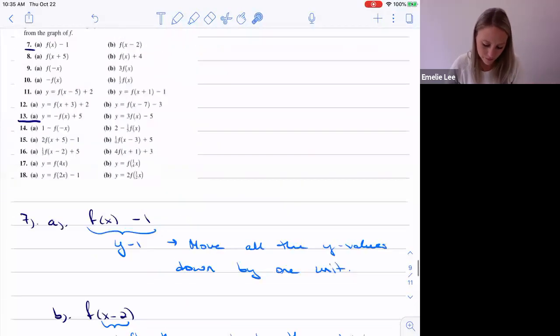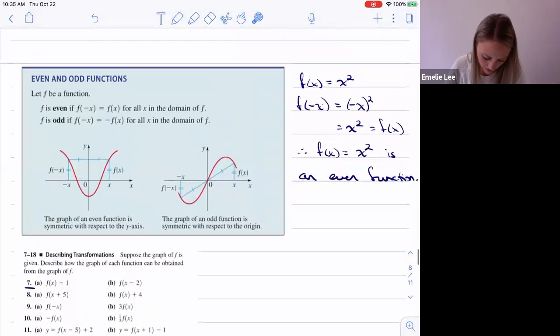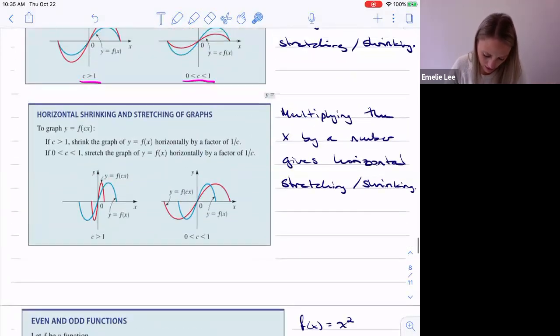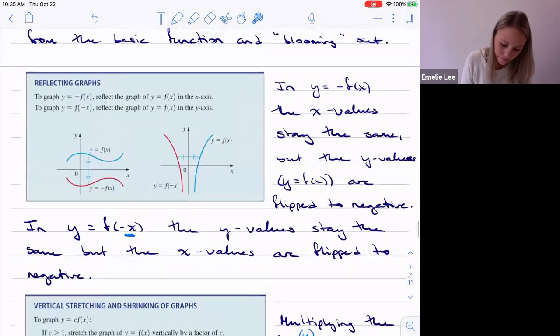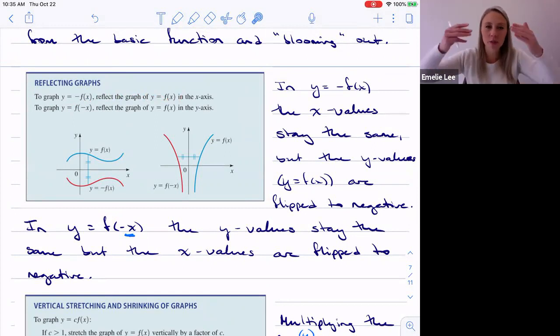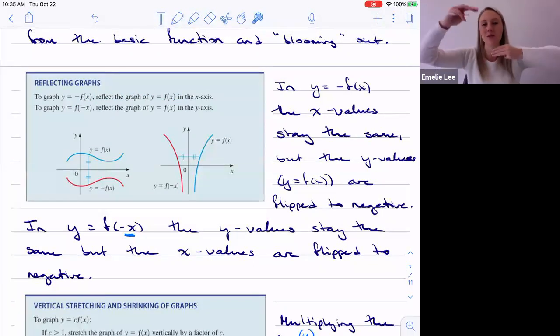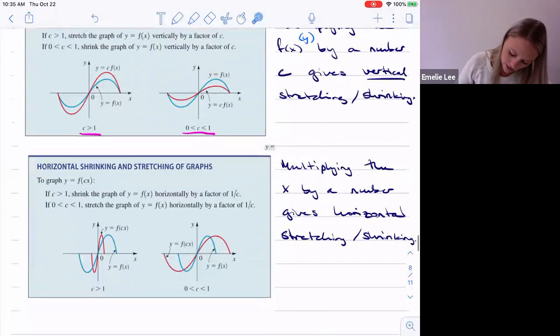Y equals negative f of x. You're going to reflect all the values in the x-axis. All your positive y values become negative, and if you have negative values and you negate them, they become positive. So things revolve around the x-axis.